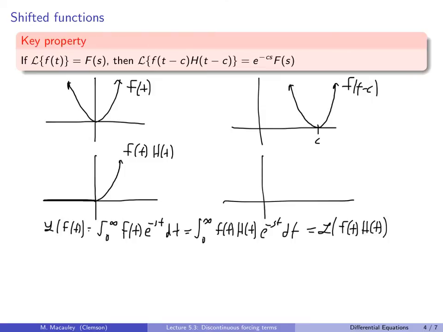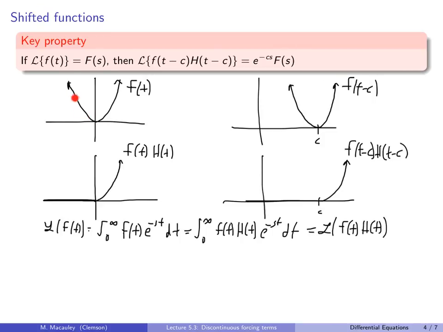So now if we want to actually shift our function, say this is f of t minus c, h of t minus c, if we want to shift this function by c, we don't want to introduce a piece of the function which did not come into play before when we computed the Laplace transform.